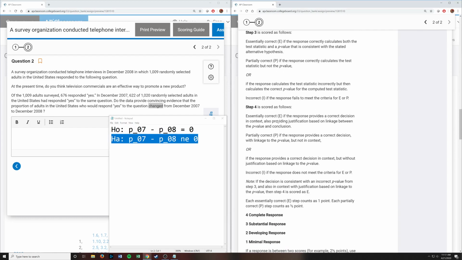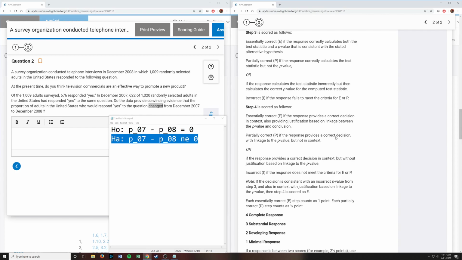Okay. So for step 4, grading-wise, it's essentially correct if you give the correct decision, reject the null hypothesis, and provide justification, based on linkage between the p-value and the conclusion. So as long as you stick to the template that we've used, you should be good there. Remember to put it in the context of the problem.